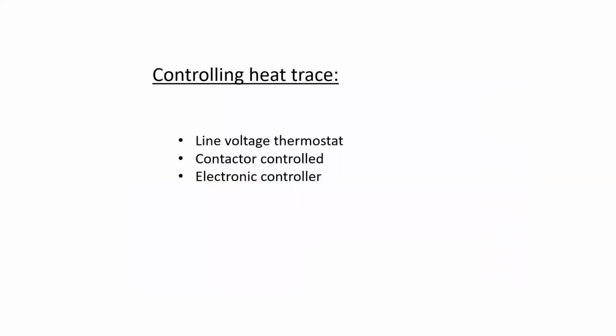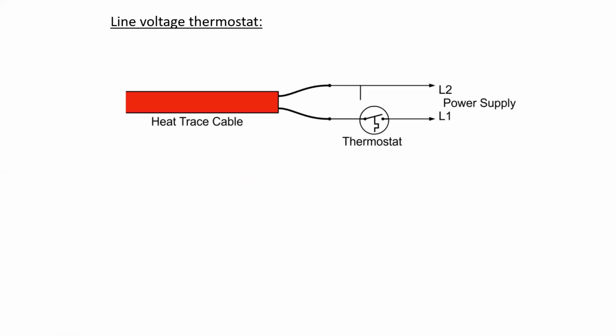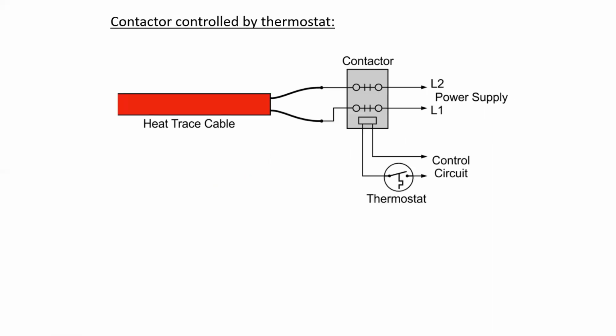Controlling heat trace. These are very basic forms of control and ones that we see in many different areas. Line voltage thermostat, contactor controlled, or electronic controlled. Line voltage thermostat will simply turn on or off the heat trace based on the temperature around the thermostat. Contactor controlled does the same thing, however, the thermostat only controls the contactor.